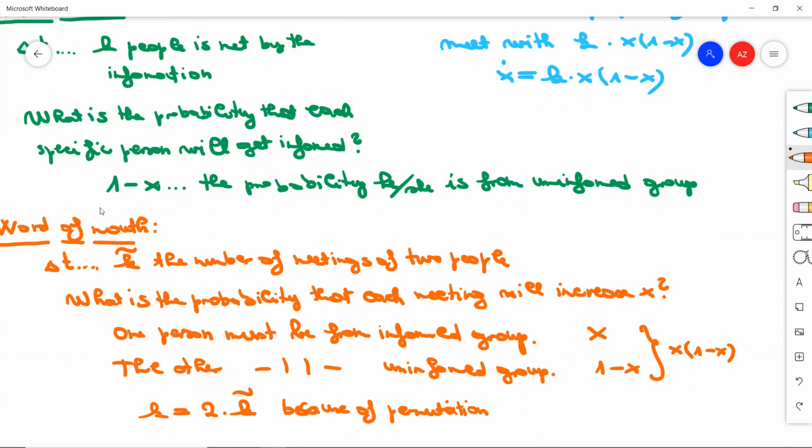But in any case, the word of mouth law is proportional to the product of X and 1 minus X. Okay.